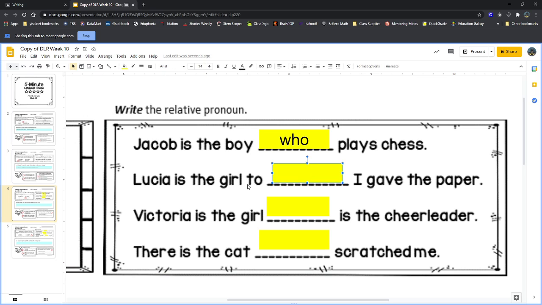The one that we're looking for would be whom. Because if someone asked us, who did you give the paper to? We would say her. If you would answer with her or with him, then we use whom. If you would answer with he or she, then we use who without the M.